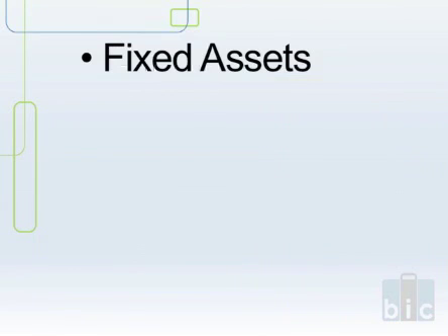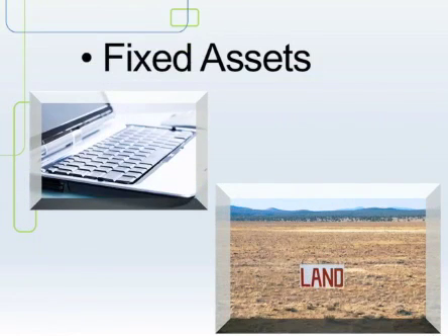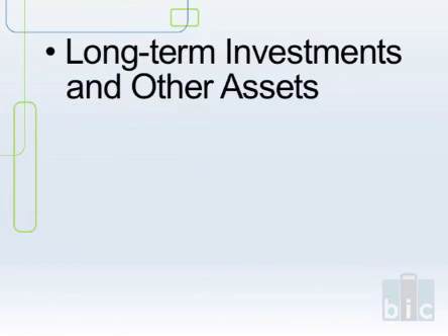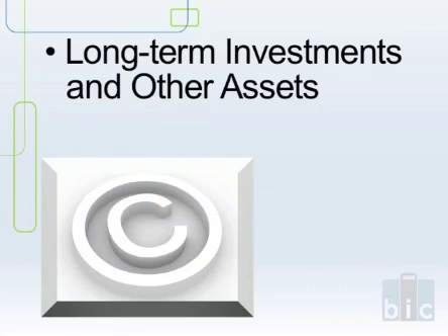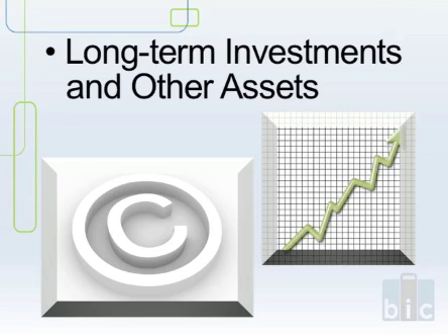Fixed assets typically cannot be converted into cash easily, such as land, computer equipment, buildings, vehicles, and furniture. And long-term investments and other assets include intangibles such as goodwill, patents or copyrights, and stocks or bonds that the company intends to keep for more than 1 year.